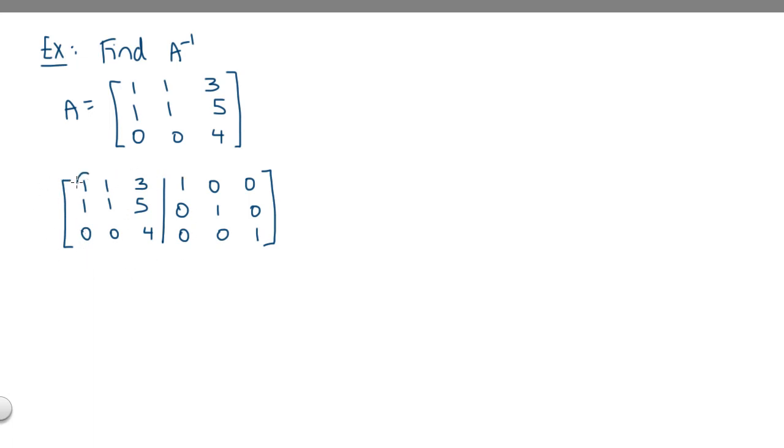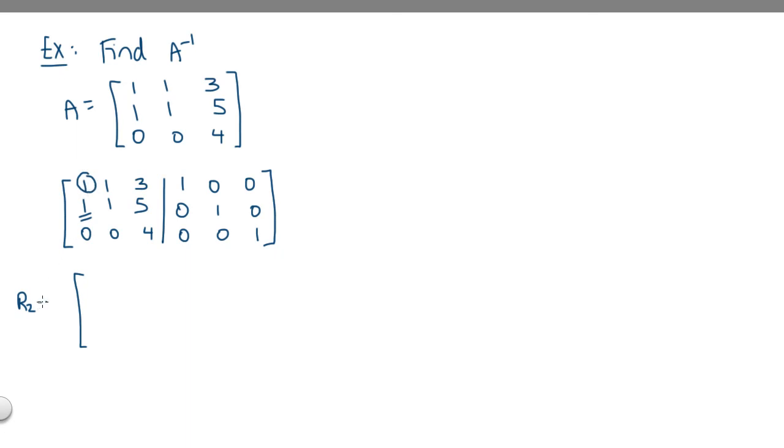Well, we've already got a 1 in our upper left-hand corner, so we've got our pivot, and we can now use that pivot to get zeros in the rest of that first column. So if we want to get rid of this 1 here, we're going to take the row that we're on plus or minus a multiple of our pivot row.